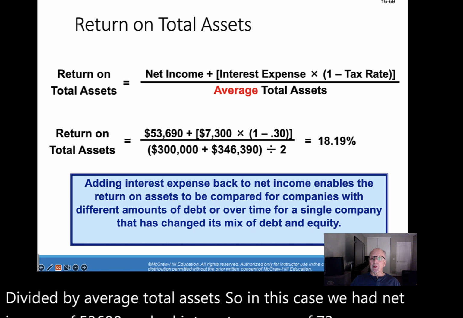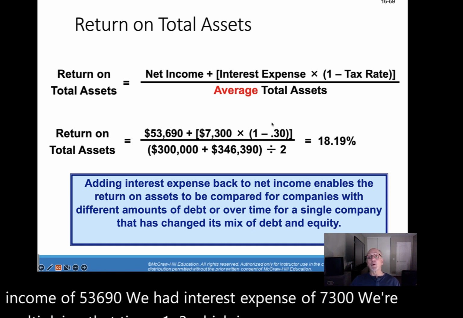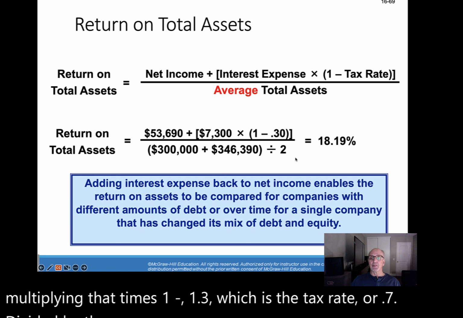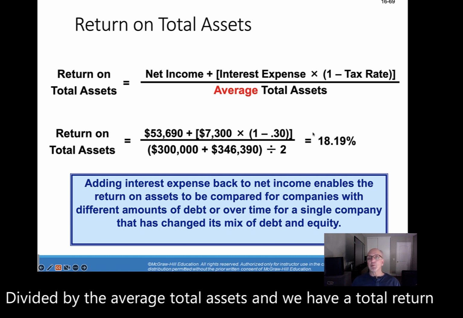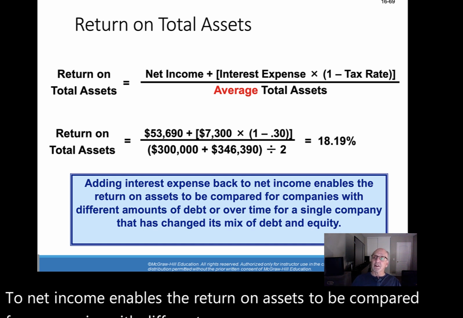We're multiplying that times 1 minus 0.3, which is the tax rate, or 0.7, divided by the average total assets, and we have a return on assets of 18.19. Adding interest back to net income enables the return on assets to be compared for companies with different amounts of debt.